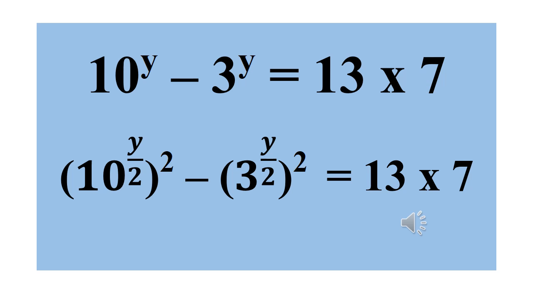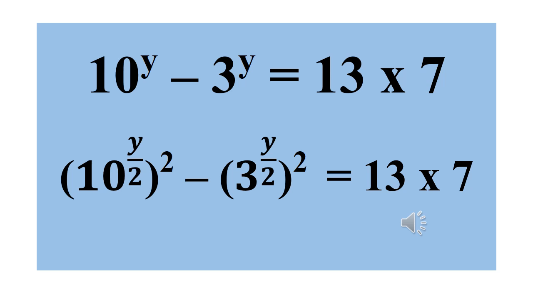What we then have now is, since we have 10 raised to power y minus 3 raised to power y equals 13 times 7, we can simplify 10 raised to power y to 10 raised to power y over 2, then squared. The square will cancel the denominator of y, which is 2.